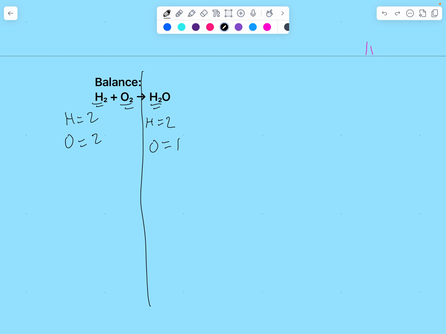They just don't mark it. So let's try a 2. If I put a 2 right here, I get 2 times 2, which is 4 hydrogens, and I get 2 oxygens. So oxygen's balanced, but now my H is not balanced. So what am I going to do? I'm going to put a 2 right here because I have H2, and this 2 is going to be multiplied to this 2, which would get me 4.